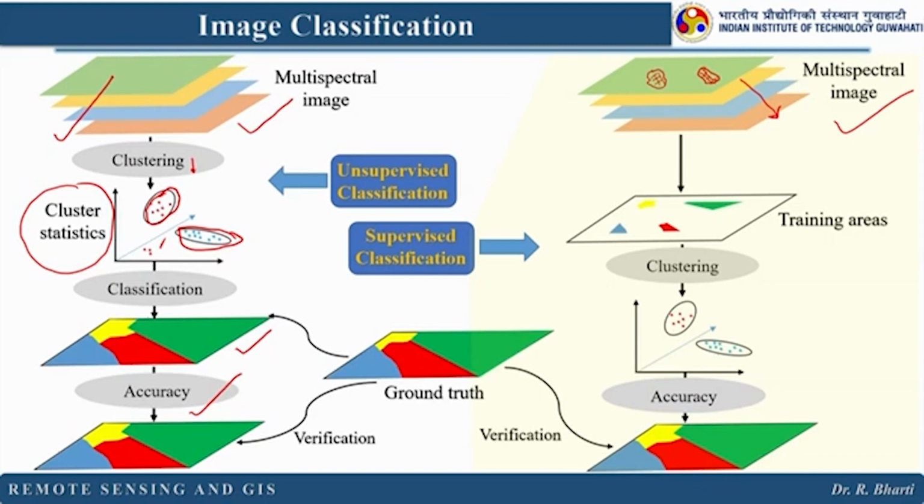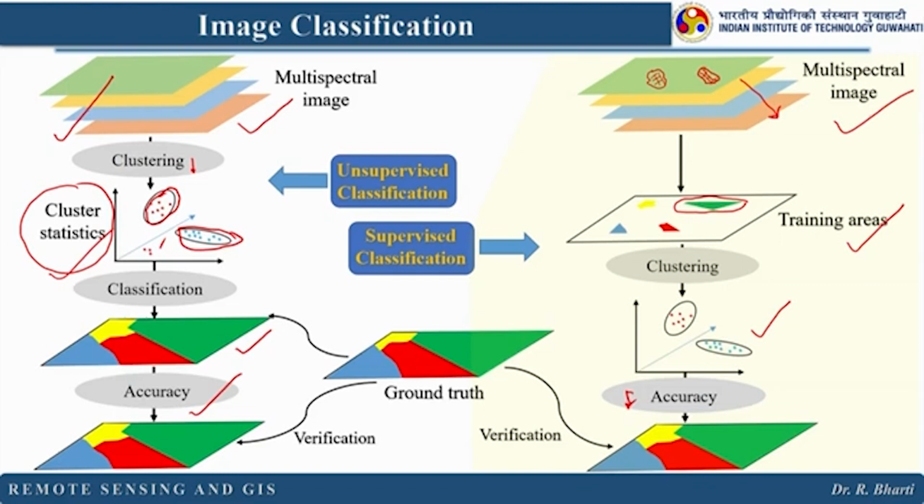So that will be used to develop a set or the range of values, right. Here it was based on the clustering mechanism, here it is based on the training data set. So training data sets are actually collected from the field and plotted on the image, and then those areas will be used to train our algorithm and to make the clusters, right, and then you will find out the classified image, and then again here also you have to use accuracy assessment.